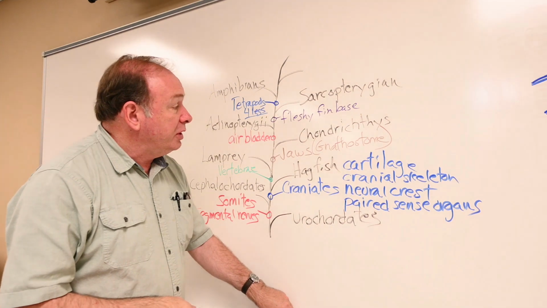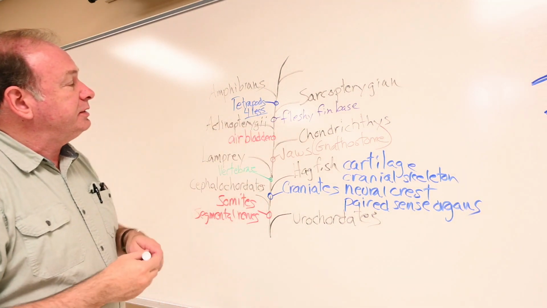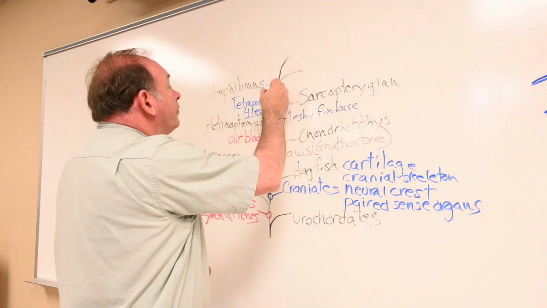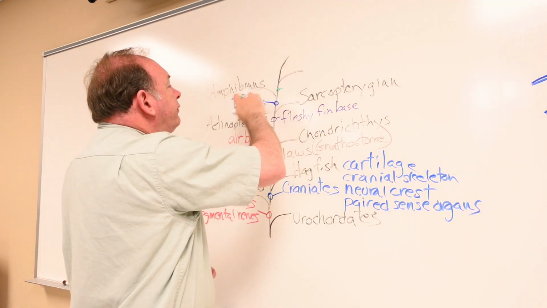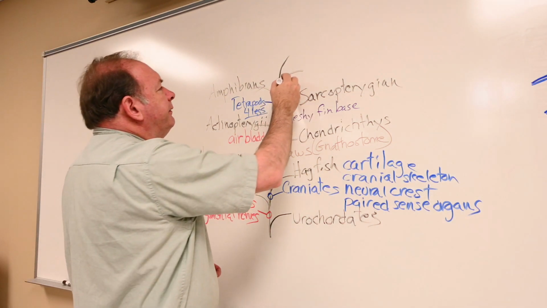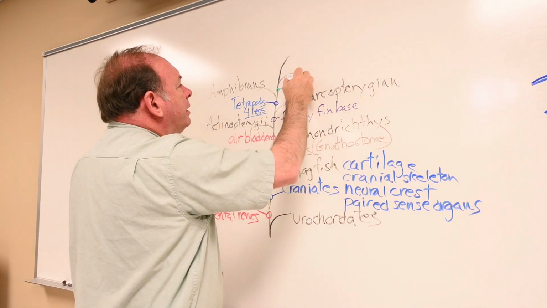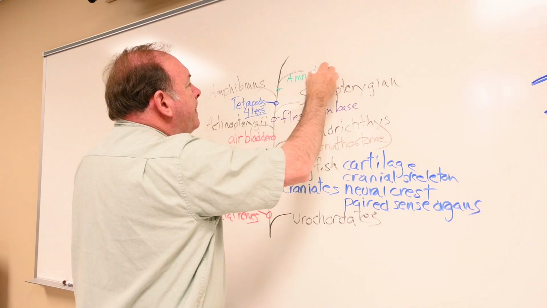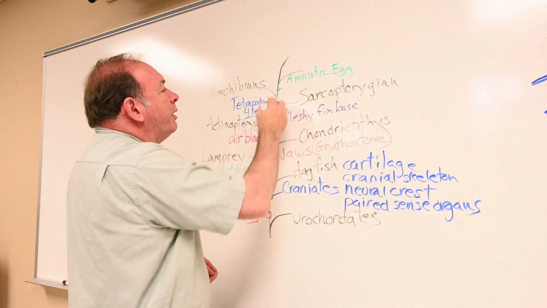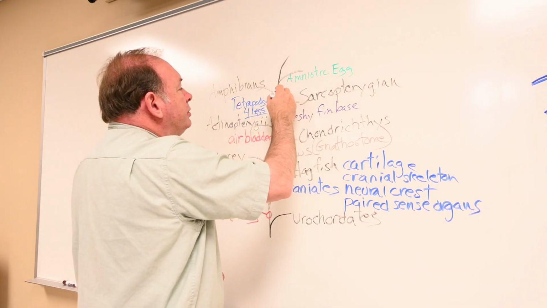The next addition on our list as we head toward the top, separating this group from everything below it, down here. There are a couple of things. The amniotic egg is one of the most important. Amniotic egg, so all these are considered amniotes.